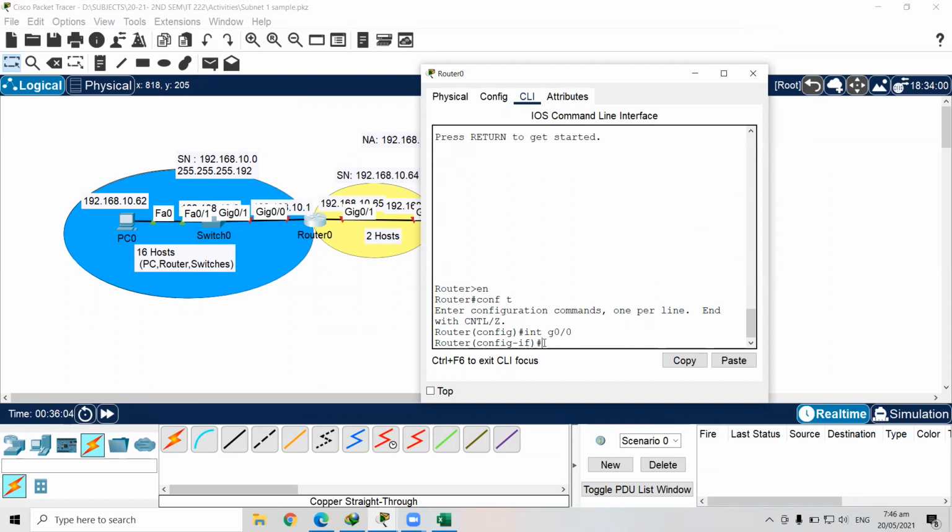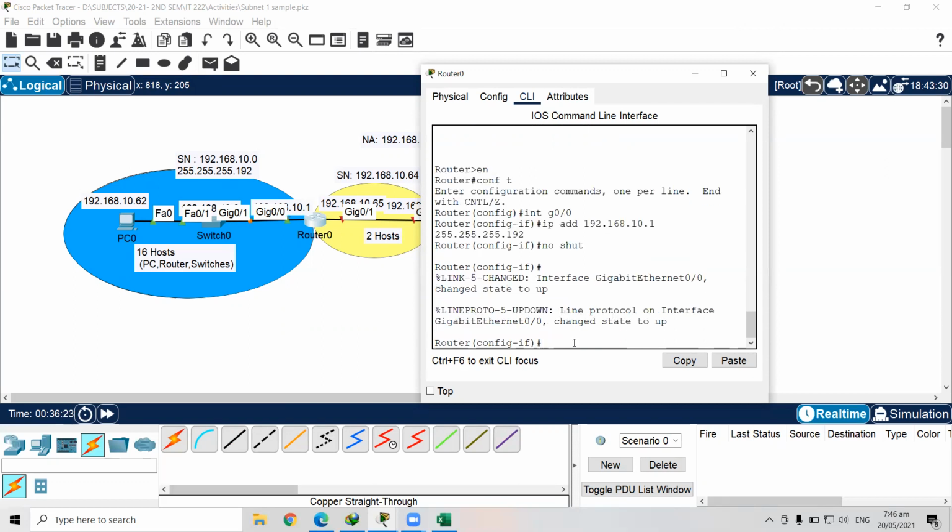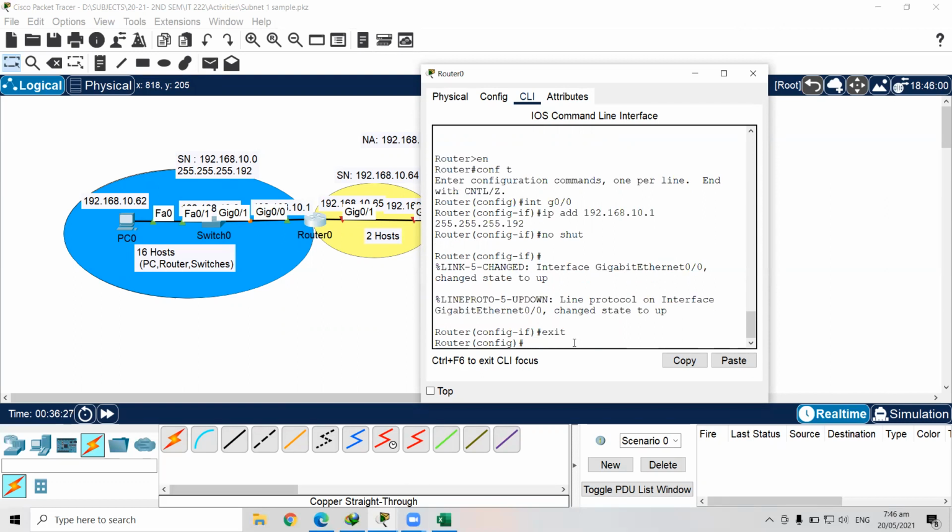Interface G0/0. IP add 192.168.10.1, 255.255.192. So, dapat, naiba na rin yung IP mo dito. No shut. Exit. Okay, nag-green na siya.